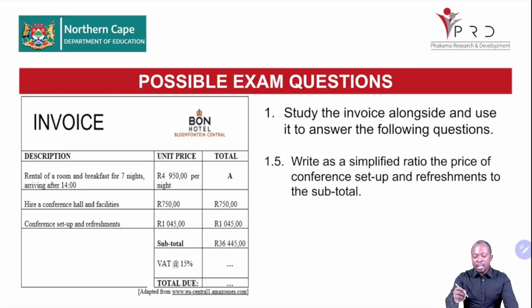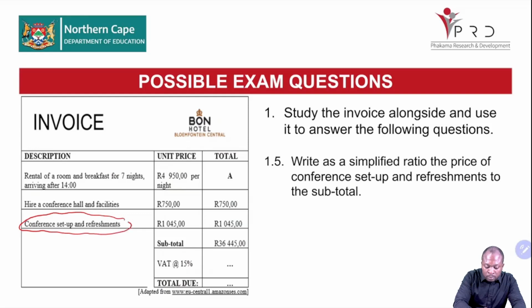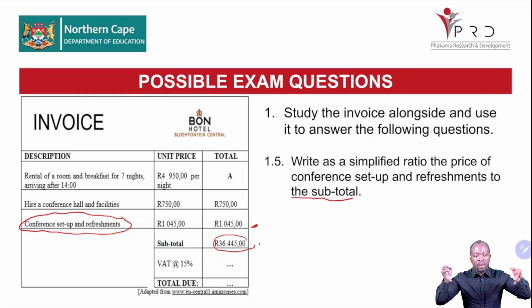Now, the next one says, write as a simplified ratio the price of conference setup and refreshment to the subtotal. So, where is conference setup and refreshment? This one. And this is the subtotal. Meaning we are looking for this value to that one. The moment they say write as a simplified ratio, the first thing that I want you to do is write the values down.